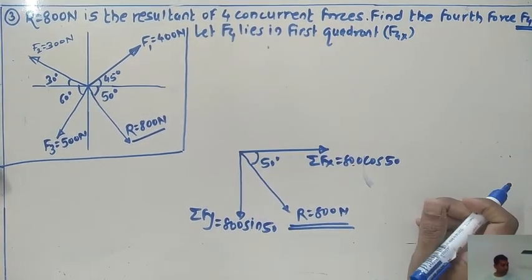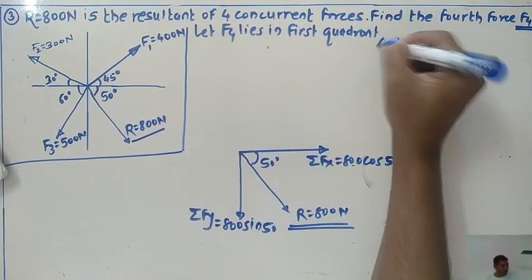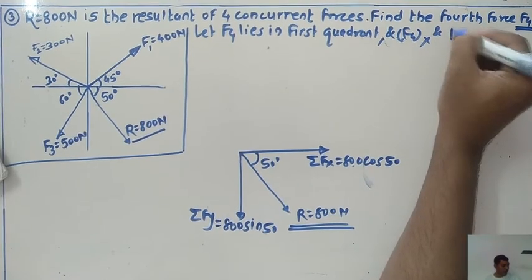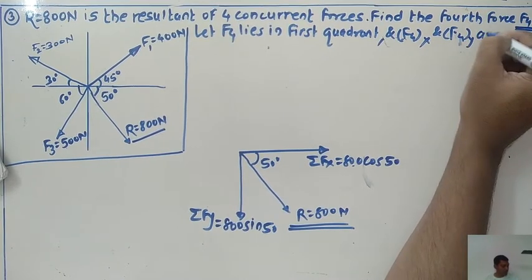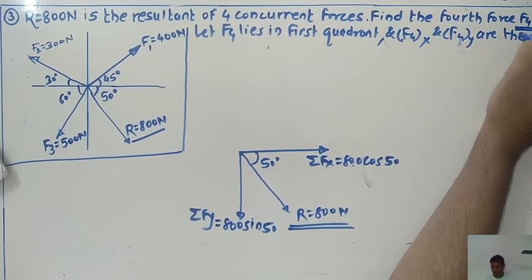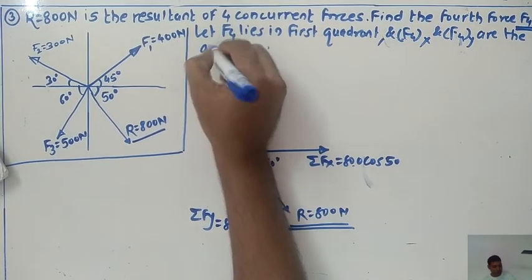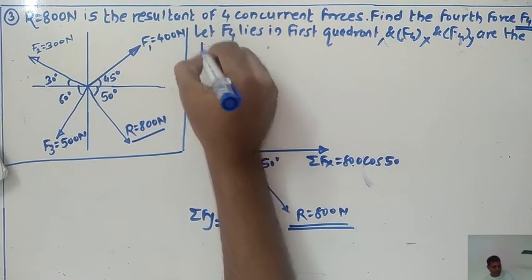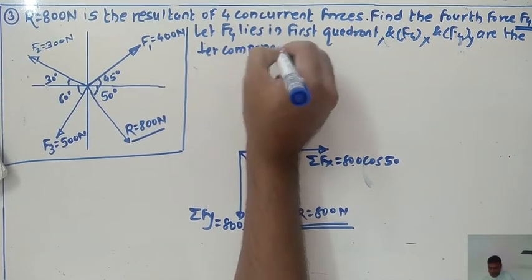So let F4 lie in the first quadrant, and F4x and F4y are the perpendicular components.